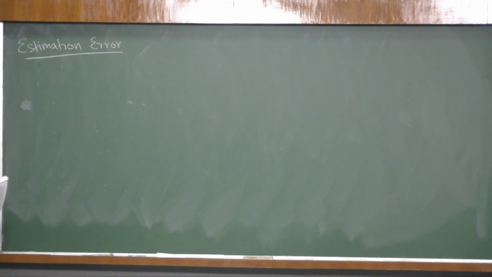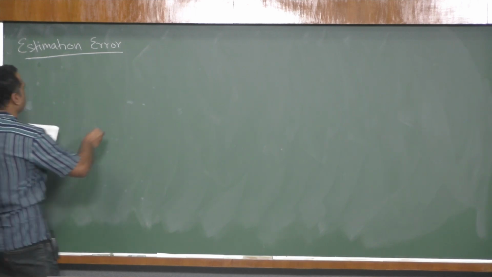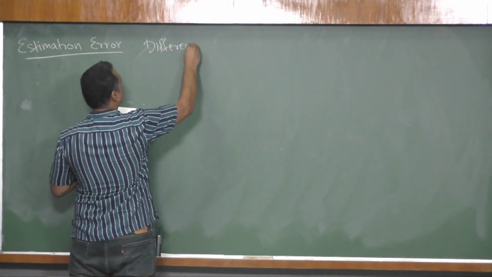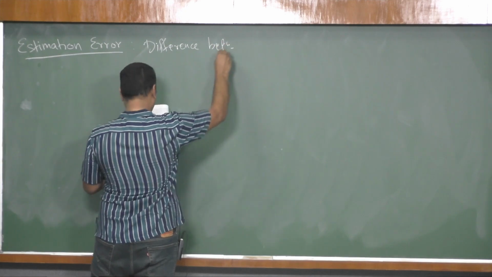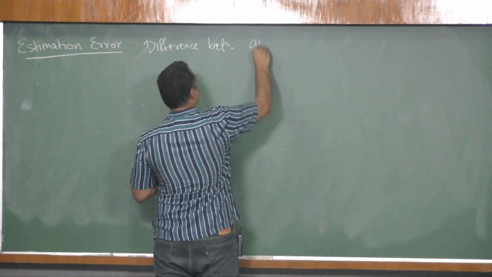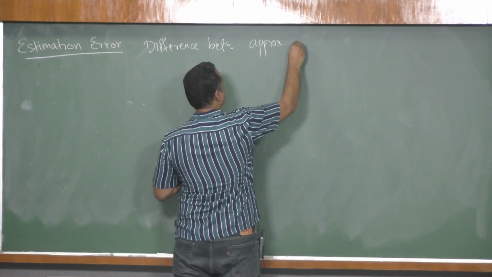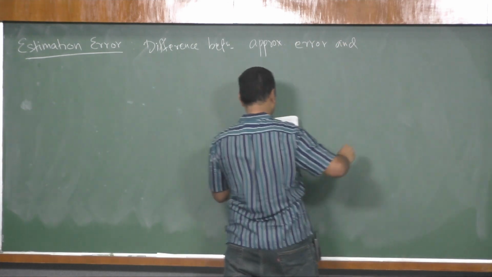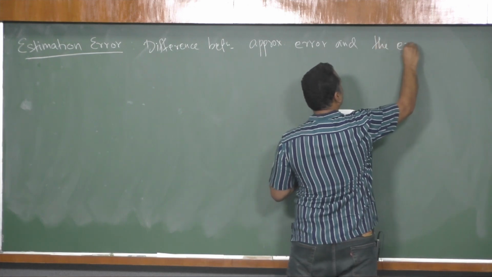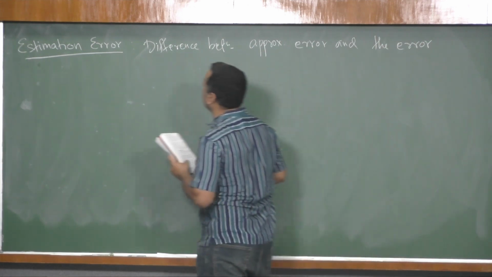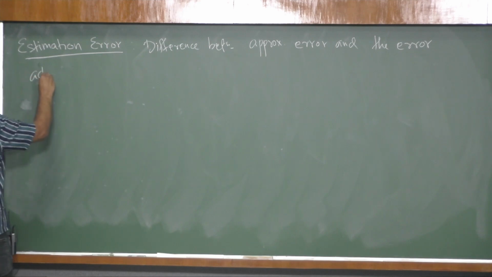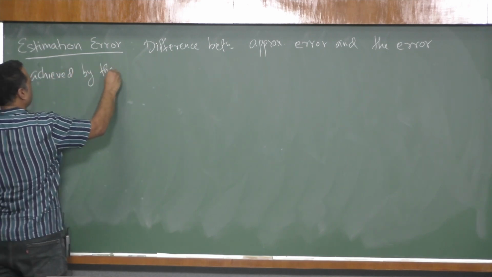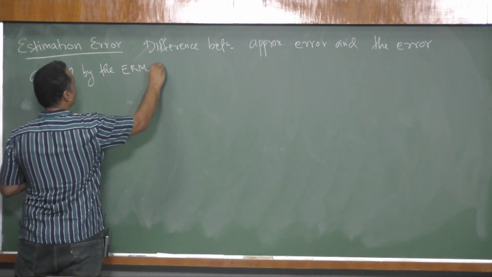So this is the difference between the approximation error and the error achieved by the ERM predictor.